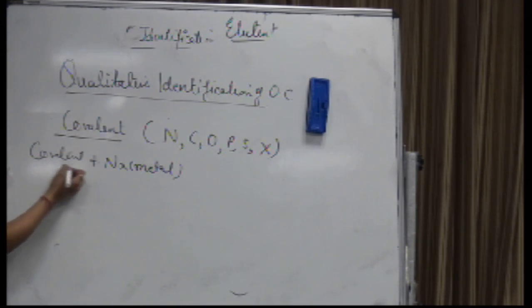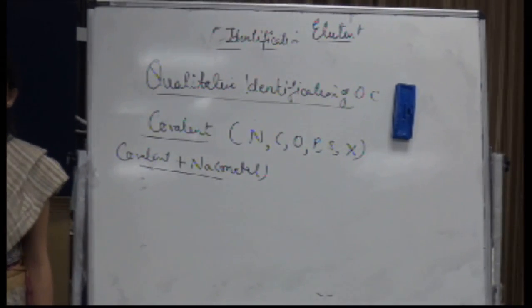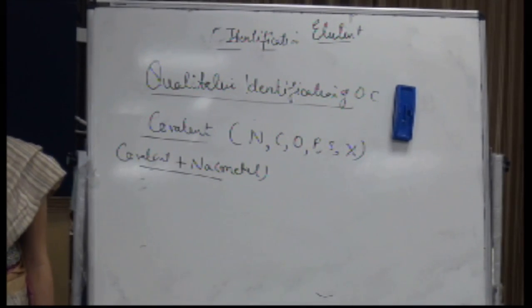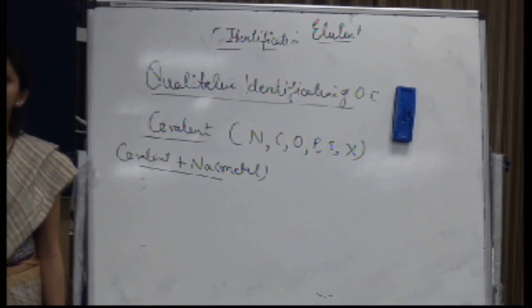Because this way anything which is covalently bonded will get converted into ionic form, because ionic form is easy to differentiate. Whenever the compound is in ionic state, it will readily react.